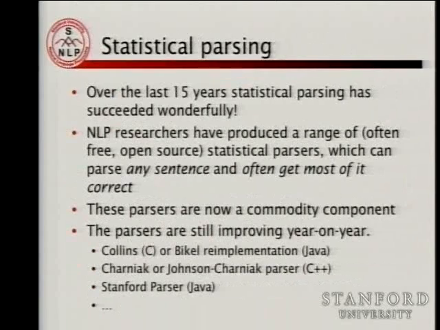Okay. But then over the last 15 years, there's been a revolution of people doing statistical parsers which are trained from data, and in practice normally the same data, which makes for an easy case of parsers being commensurable, and you can see exactly how they differ from each other. And so effectively now there's basically a commodity component of statistical parsers, and a whole bunch of people have written statistical parsers, many of which you can download and run open source.